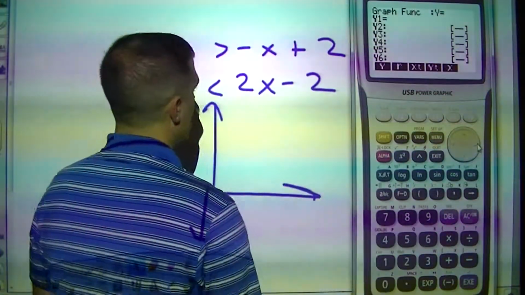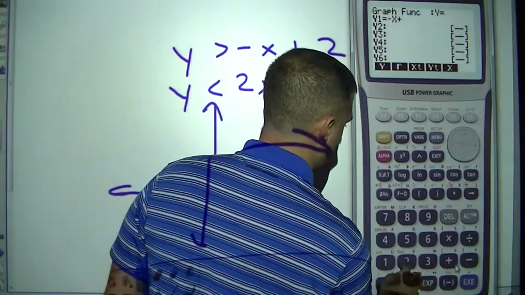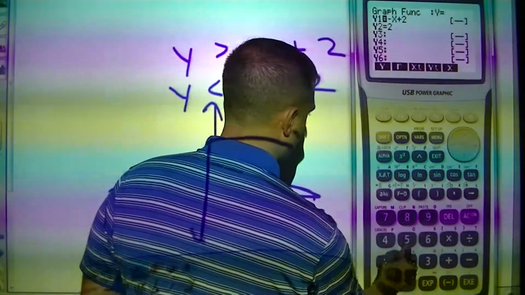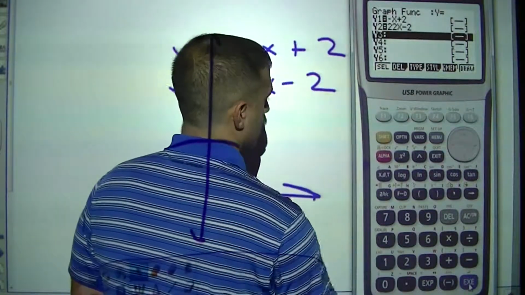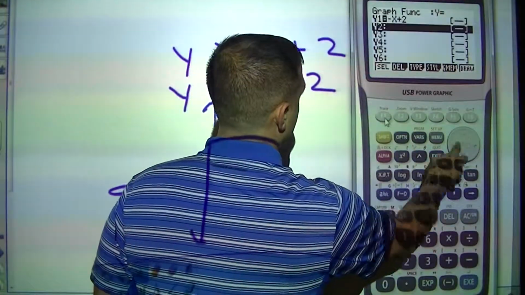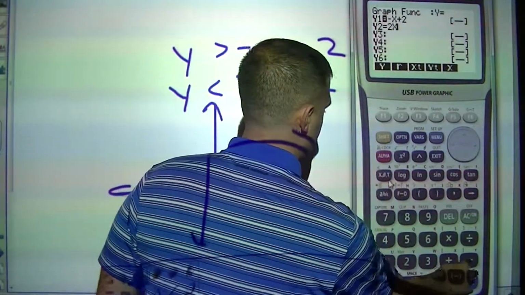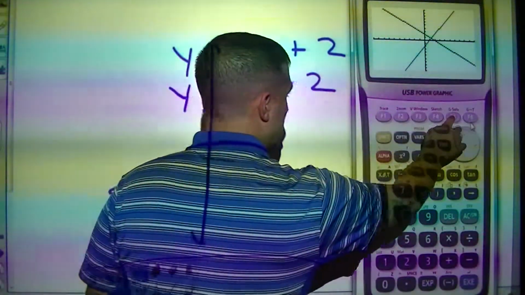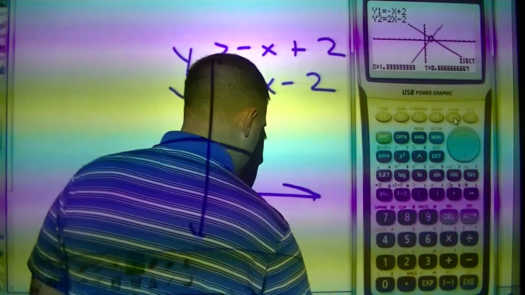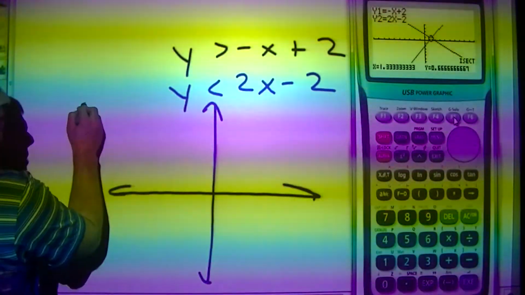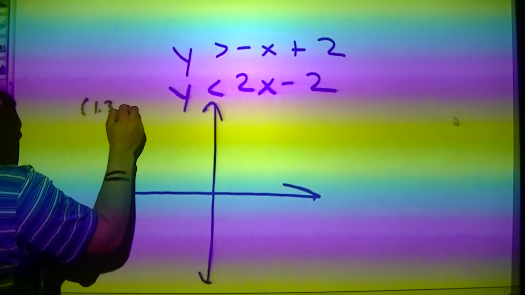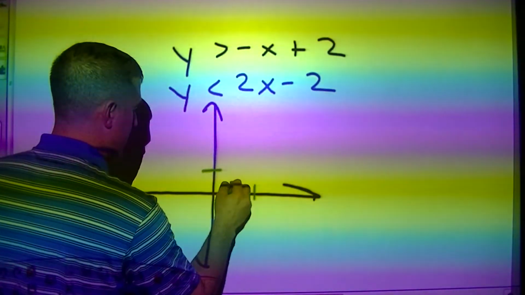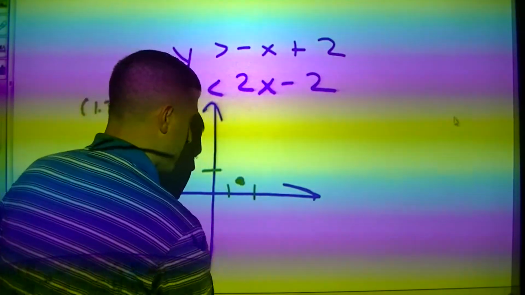I've got negative x plus 2, and 2x minus 2. I'm drawing it. There's my intersection. Let me find that point. G-Solve, intersect. That's 1.3 comma 0.6, so about here. That's my intersection.